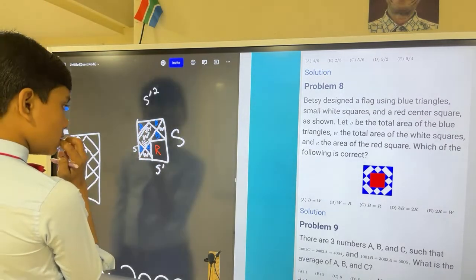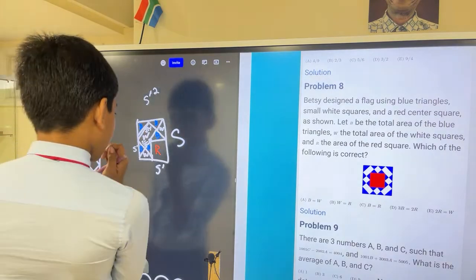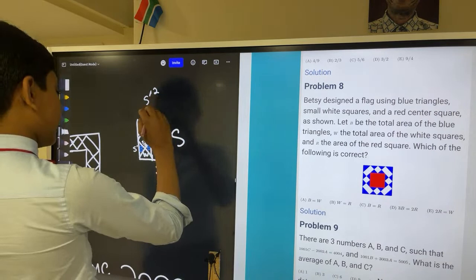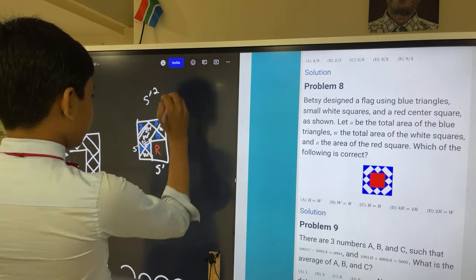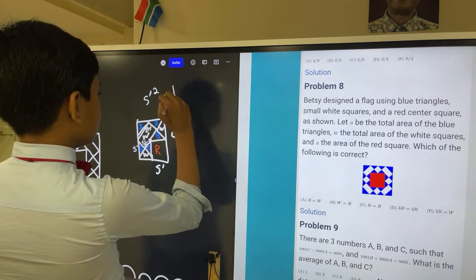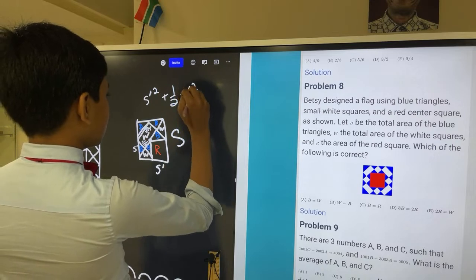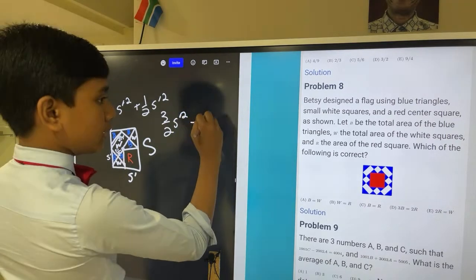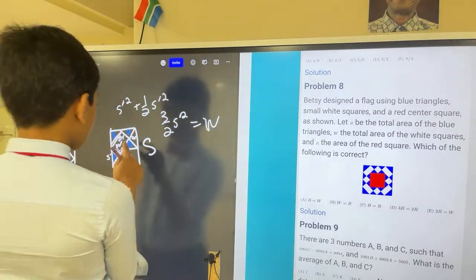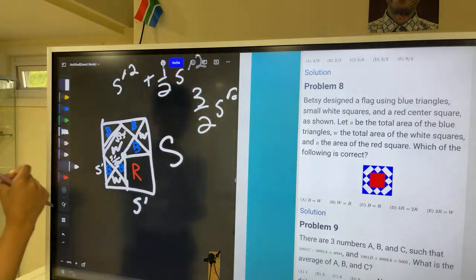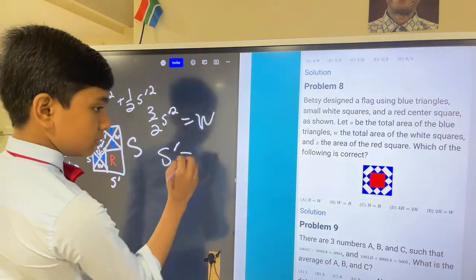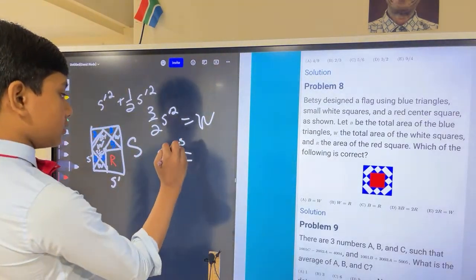Then one of these white triangles is 1/4 of that, and 2 of them is 1/2 of that. So 3/2 S prime squared is the white area. Then we have the red area, which is just S prime squared.